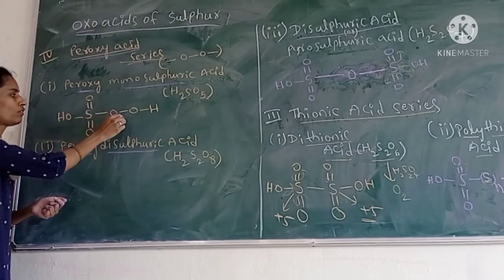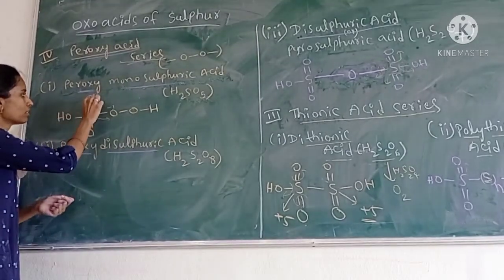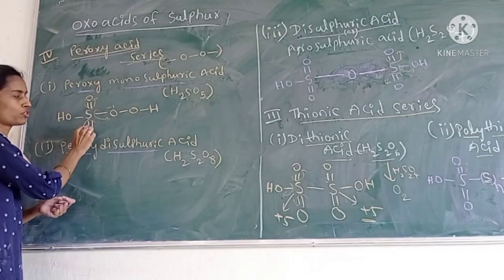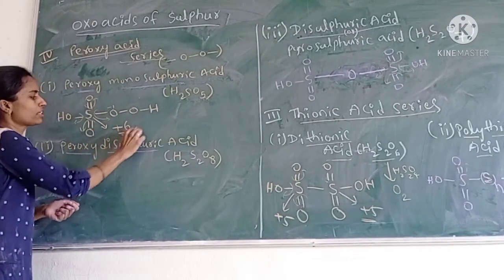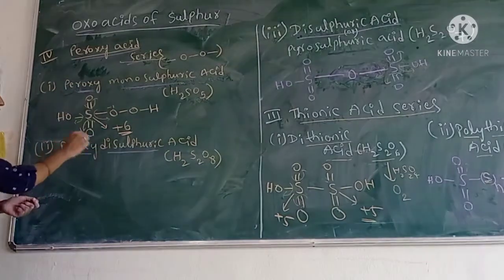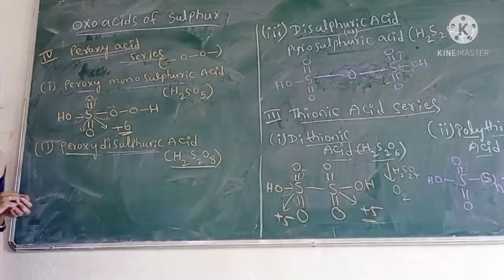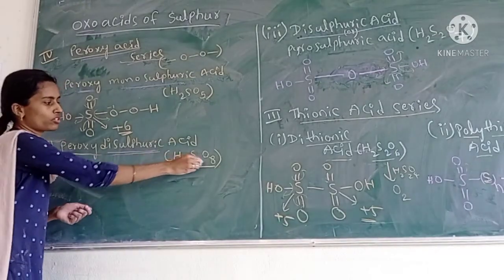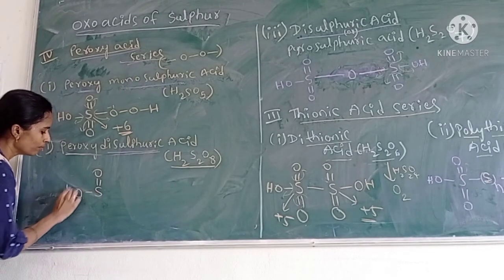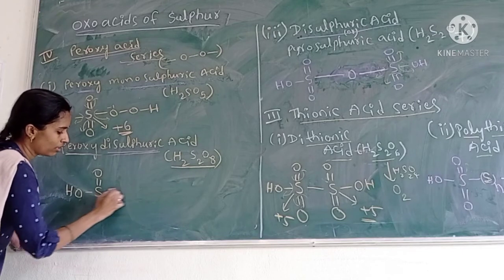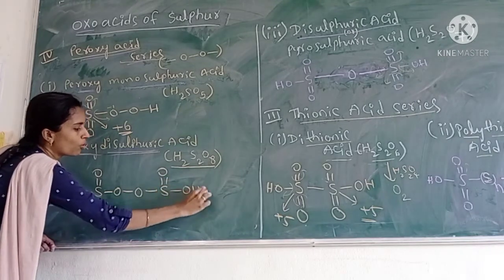And here, if you see the oxidation numbers: -1 and +1, and here +2, and here +2, and here +1. The total sulfur oxidation state is +6. And here peroxydisulfuric acid, H2S2O8 is the molecular formula. Just put S double bond O, OH here, and here the peroxy linkage, and then S double bond O, OH.